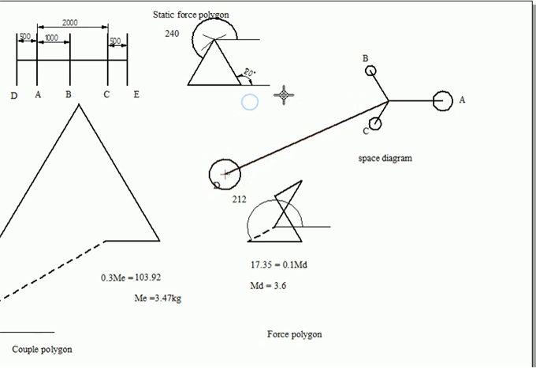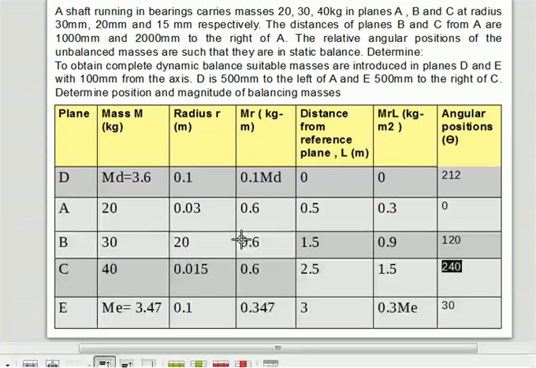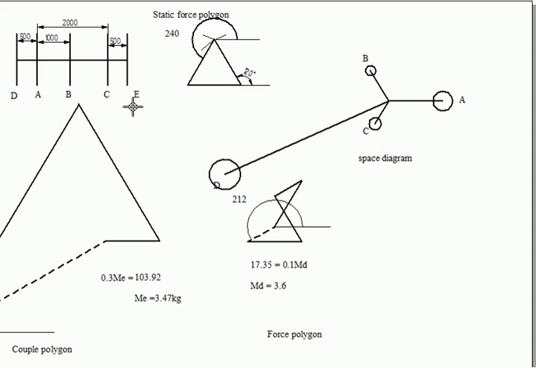And the last mass, mass E, parallel to this one. Its radius is 0.1 again.